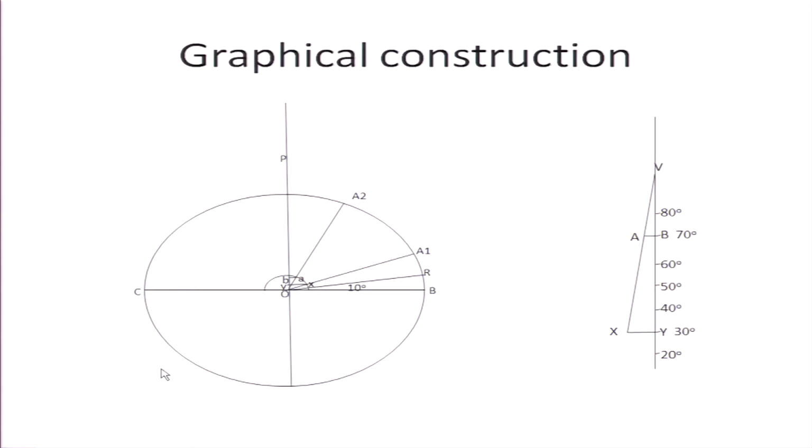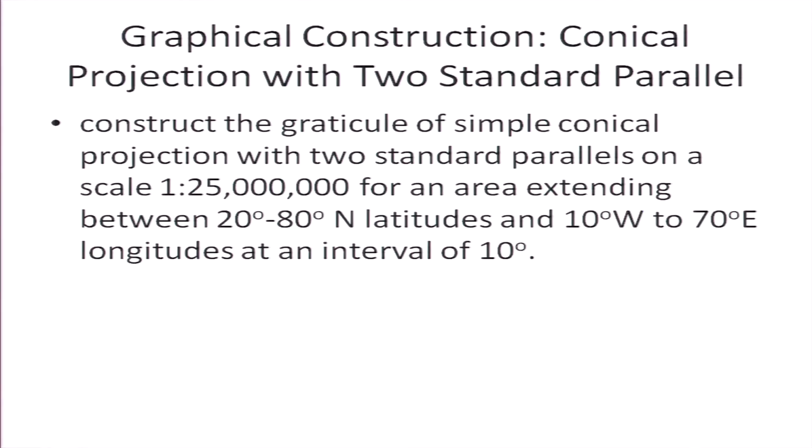So it will definitely be an improvement over the previous conical projection. When the latitudinal extent is given like 20 degree north to 80 degree north, then it's better. If we take 30 degree north latitude and 70 degree north latitude as the standard parallels, then almost 2/3 of the latitudinal extent would be covered in this projection.